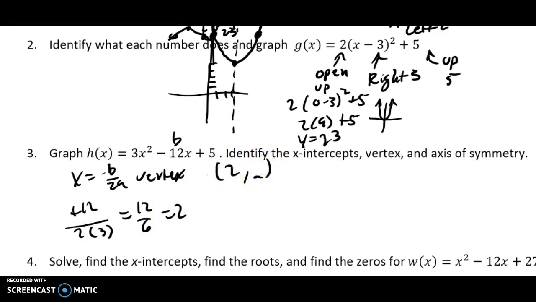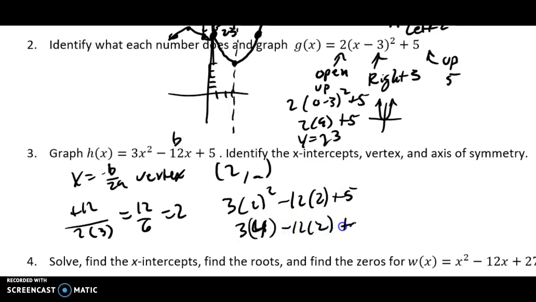We don't know what that is, so we're going to plug in a 2 in for x. 2 squared is 4. Multiply, so we get 12 minus 24 plus 5, which is -12, so 12 minus 24 is -12, -12 plus 5 is -7. And that's a y.